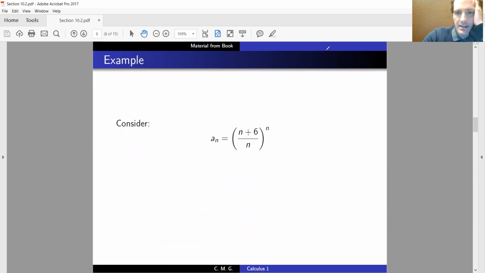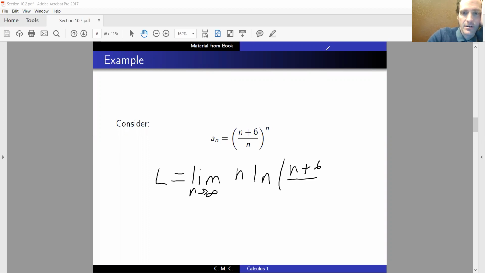You can see the inside of this thing goes to 1. The outside of this thing, the exponent, goes to infinity. And so I can apply this rule. What I get is I'm looking for my L. L is the limit as n goes to infinity of n times the natural log of (n plus 6 over n). Now I divide the bottom of this thing by an n to the -1, so I flip this n to the denominator.